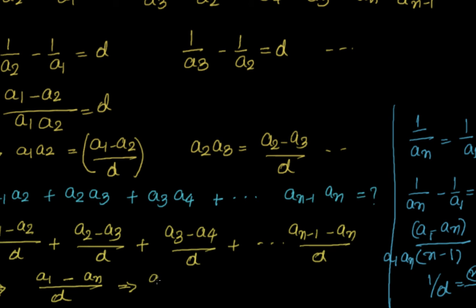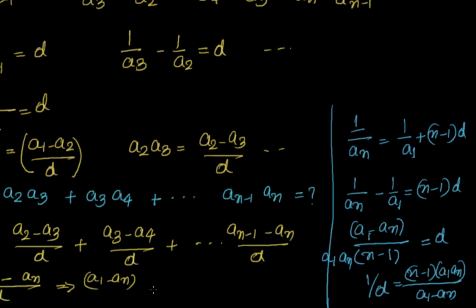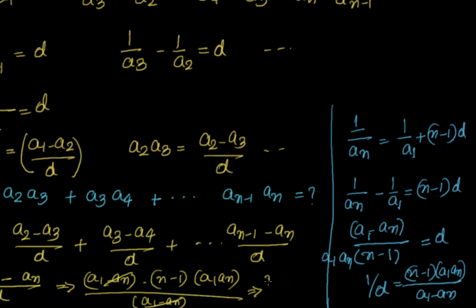I know that a1 minus an is as it is into 1 by d. 1 by d is nothing but equal to n minus 1 into a1 into an divided by again a1 minus an. We know that a1 minus an will cancel. Our answer will be n minus 1 into a1 an, which is nothing but what we need to prove.